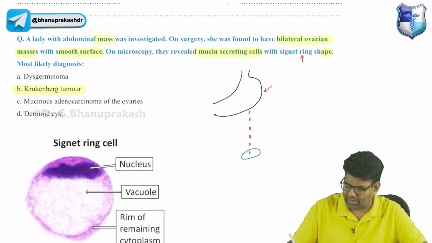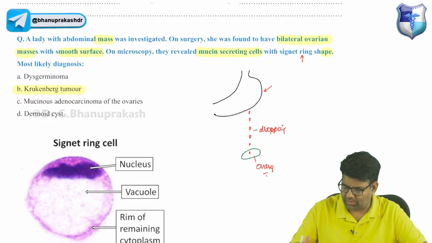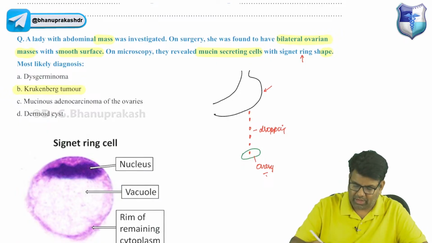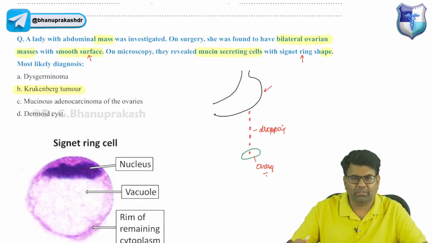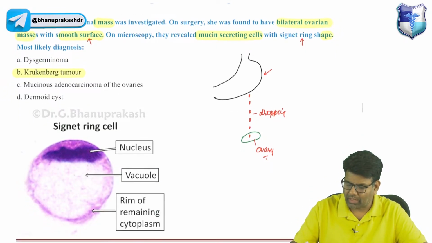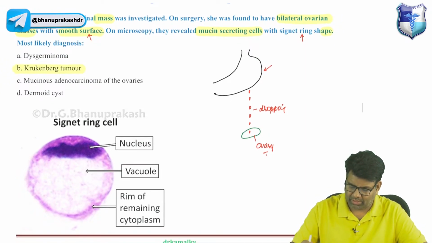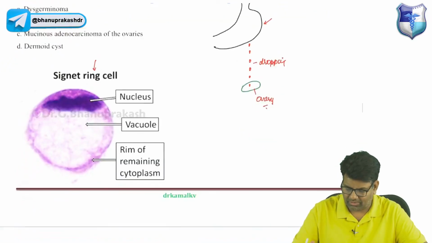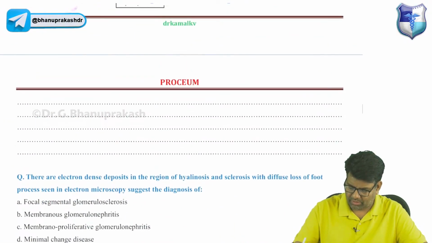So the tumor cells are directly dropping onto the ovary. This is a tumor which is metastasizing in a very unique manner. It is directly dropping over the ovary, and therefore the surface remains smooth. So this is Krukenberg tumor, and please remember the signature appearance. Very good. Now, the next question.